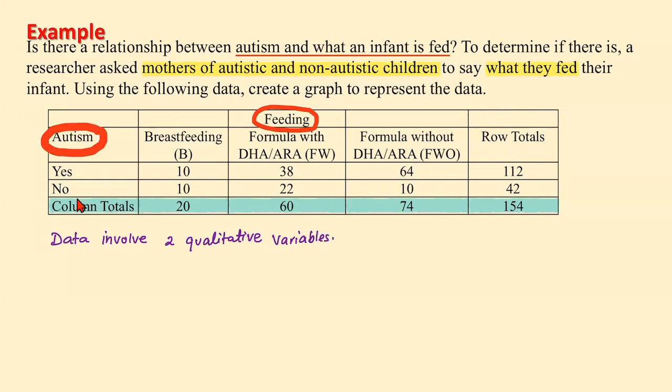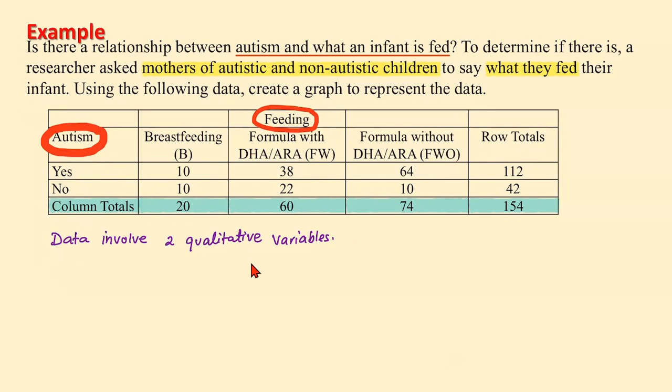Two qualitative variables. One is autism, yes or no, and the other one is feeding, what they are feeding, breastfeeding, formula with DHA or formula without DHA. Okay, so two qualitative variables.